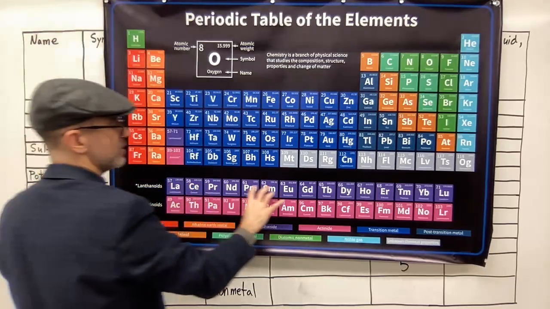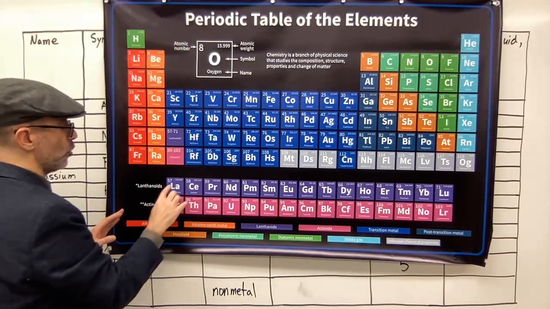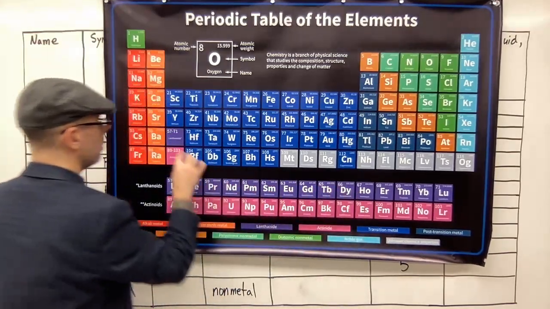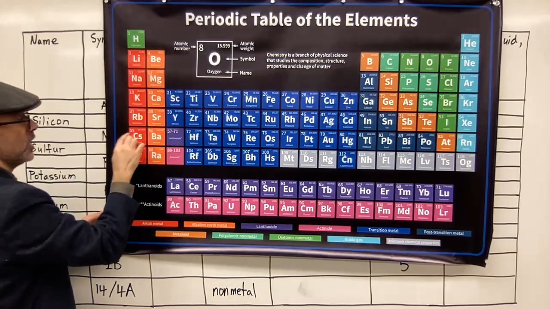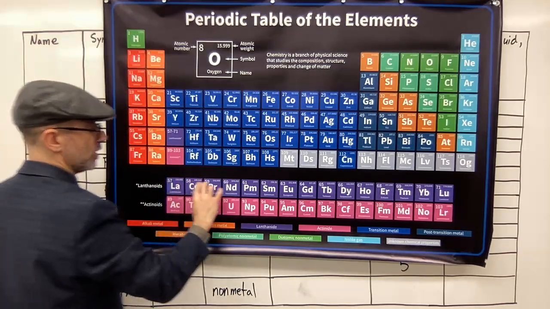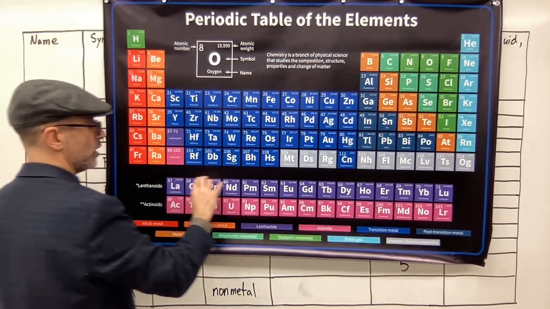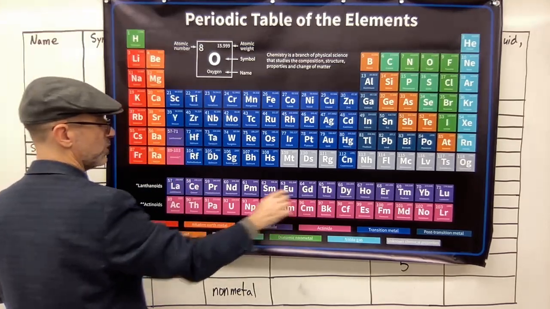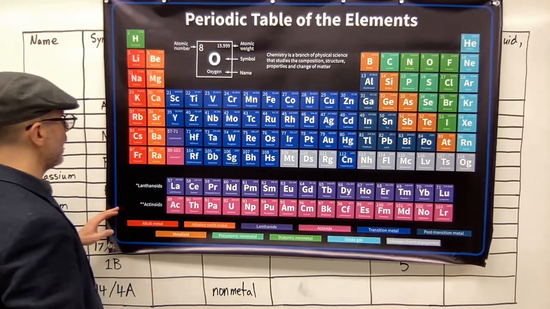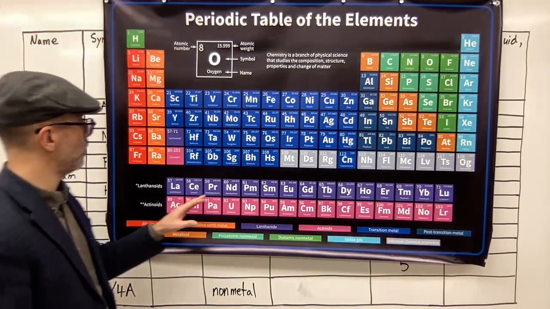These are not separate periods. These, again, go inserted here. So they're going to be in period 6. This row here is inserted into period 6. So this is part of period 6. And these are also part of period 6. So just remember that.